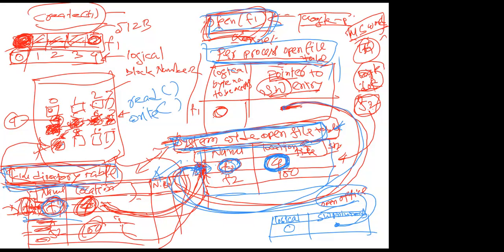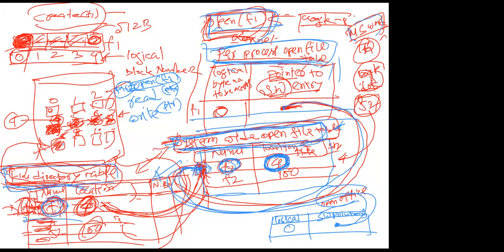So when you open a file using the file name F1, the open call returns a pointer. This pointer is actually a parameter for the read and write calls. What does the pointer point to? It points to where the F1 data is inside the per-process table. In the per-process table there are some entries, because one MS Word software can open two or three files.